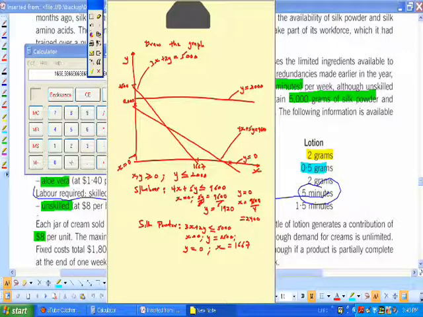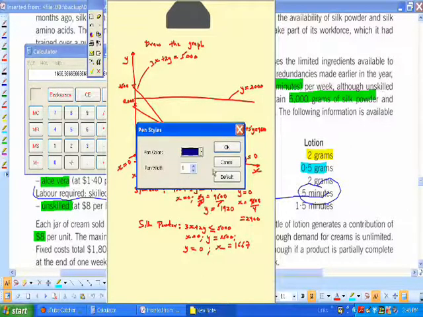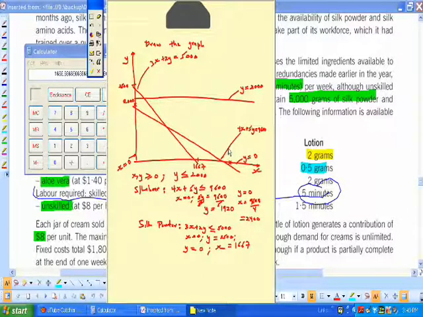Now quickly pause the video and try and draw the line for amino acids.